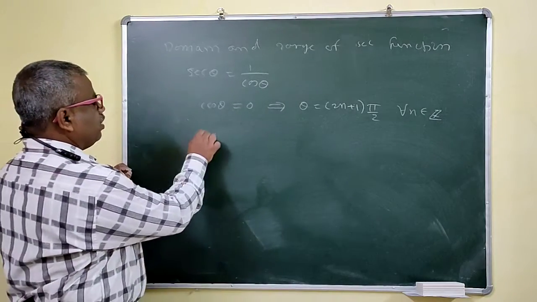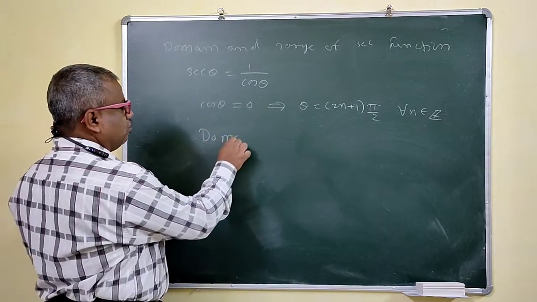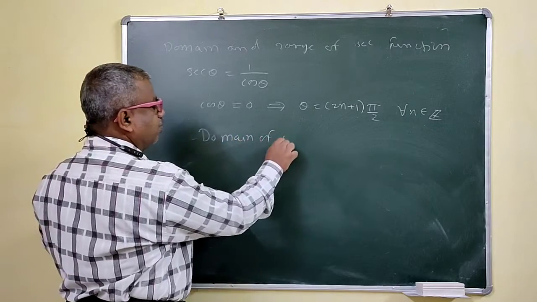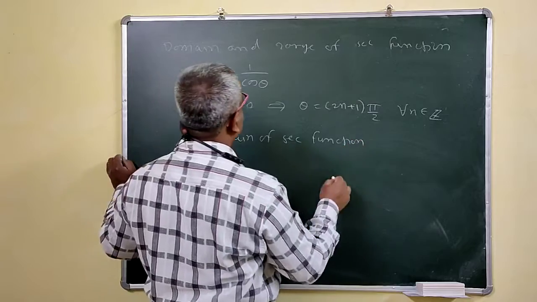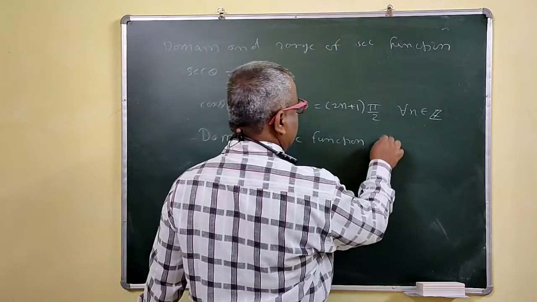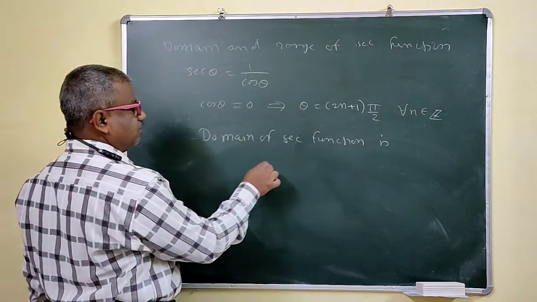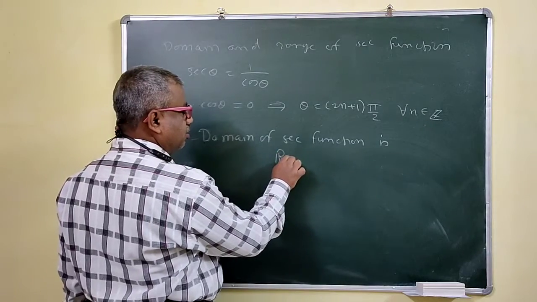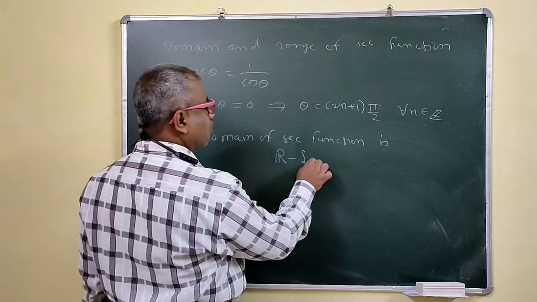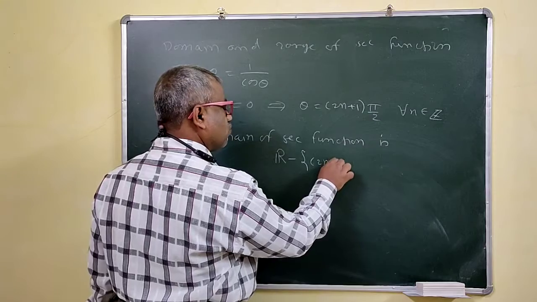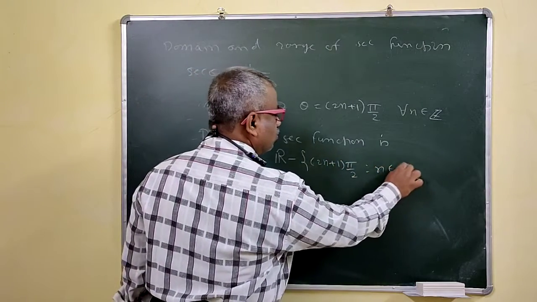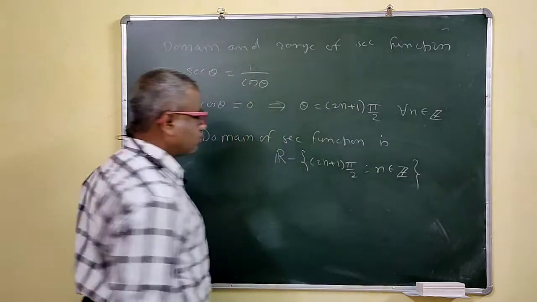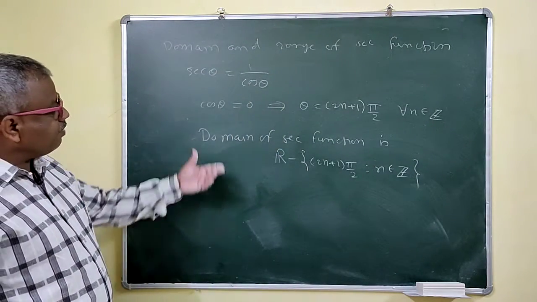So therefore the domain of the sec function is R minus the set of twice n plus 1 times pi by 2, n belongs to Z.